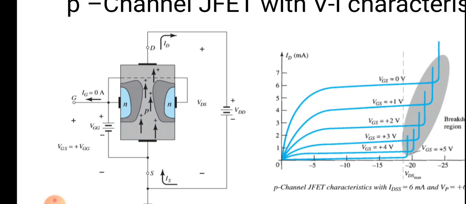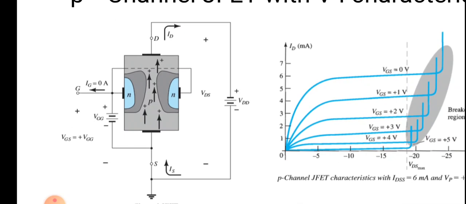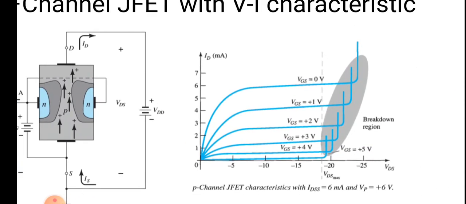Here the side regions are negatively doped, that is, N type material. So in order to reverse bias it, you should apply a higher potential. And the VI characteristic is similar to that only.